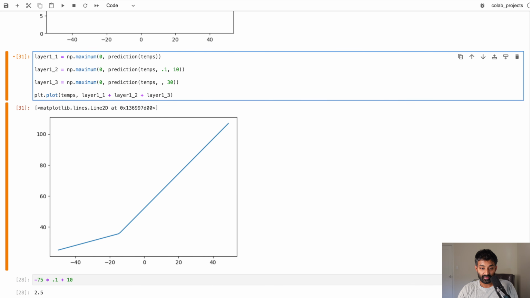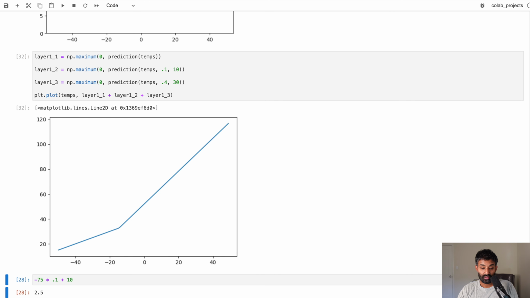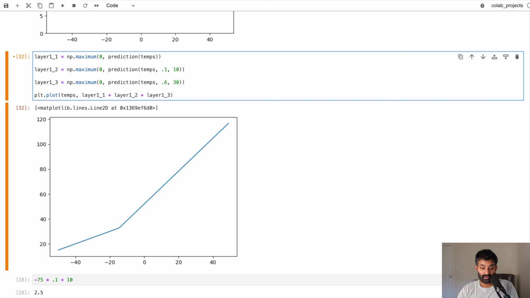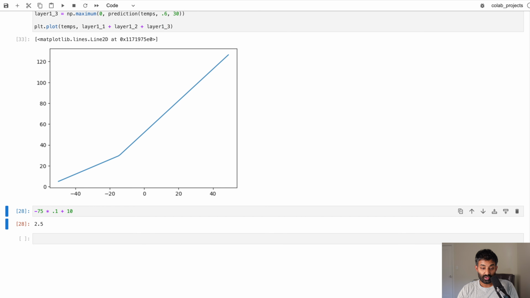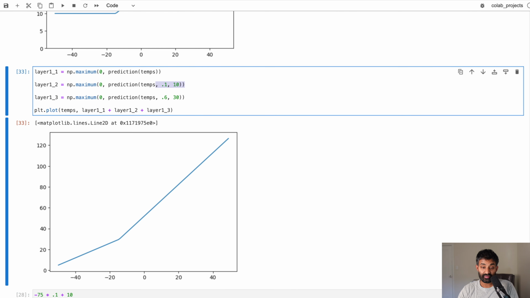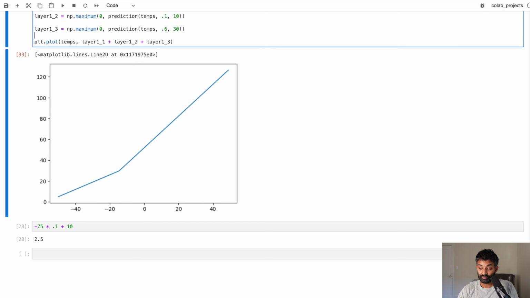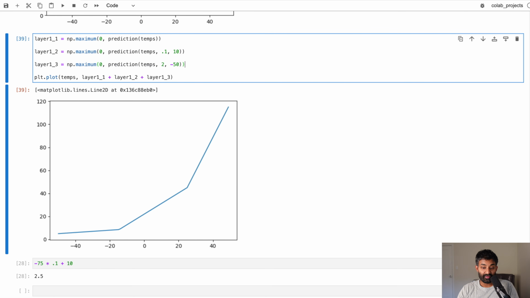Let me actually up this to 0.46. So you can see how this nonlinear relationship starts to change as you add in more units and as you modify the weights on the units. I was trying to find the right parameters to show you a more complex line here. But yeah, you can see with 3 layers and the correct weights, the network can learn a much more complicated relationship.